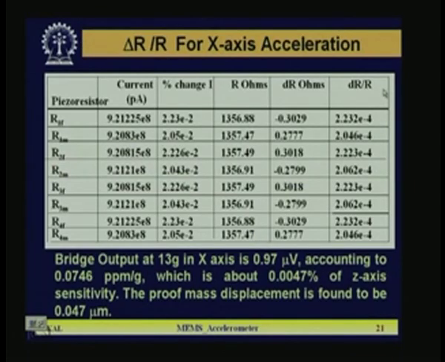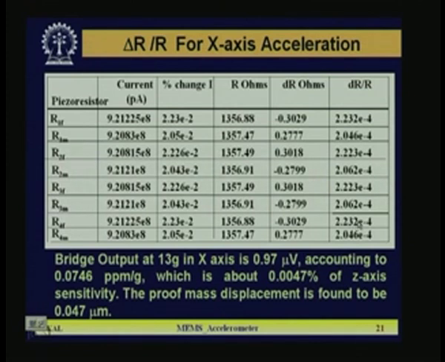And the resistance values here are also calculated for x axis acceleration. There we found, you can see the 1F is minus 3029 and the 1M is plus 2.777. So, delta R by R value you can see 2.232 for 1F, 2F, 3F, 2.223 and the 4F 2.323.